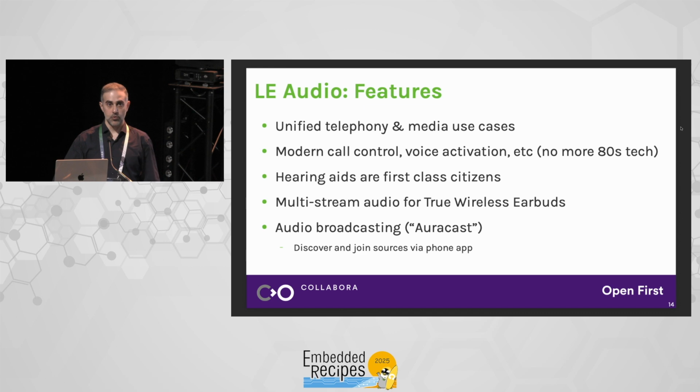And we have the audio broadcasting feature, which is marketed as Auracast. And the idea there is that when this is fully deployed, we will be able to go around in rooms where there's a public audio source and use our mobile phone to just join that audio source, just like we do with Wi-Fi today. So for example, in here, we could, in the future, have an Auracast source.